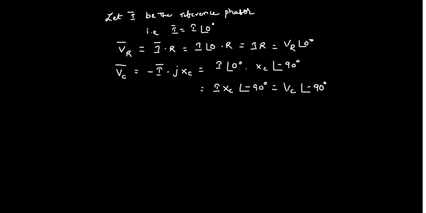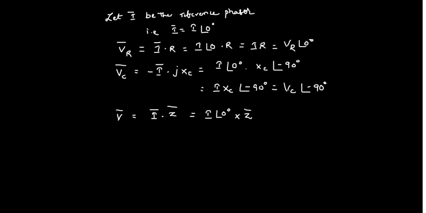Now the total voltage applied, V bar, equals I bar into Z bar, that is I at an angle 0 degrees into Z bar.